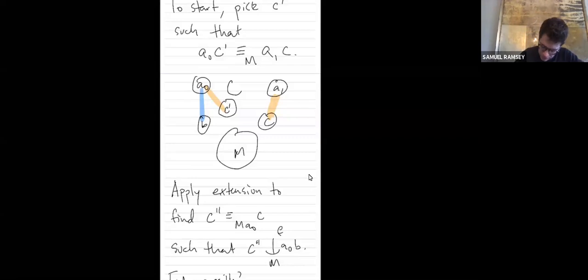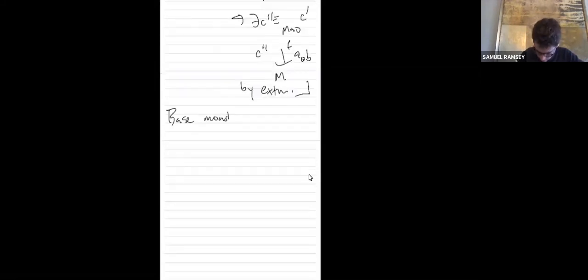So base monotonicity implies that C prime prime is independent over M with also B in the base, A0. I just moved B from the right side into the base.